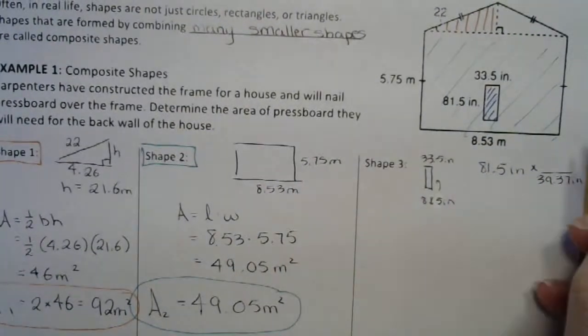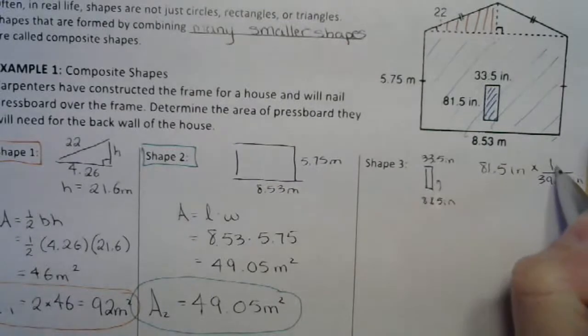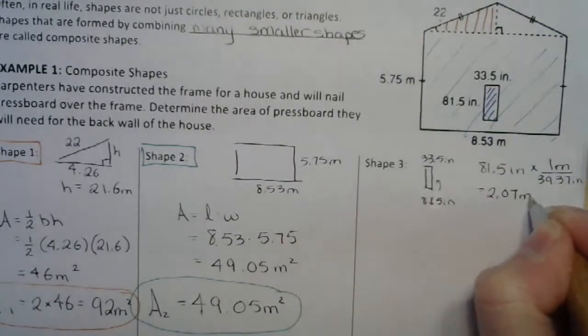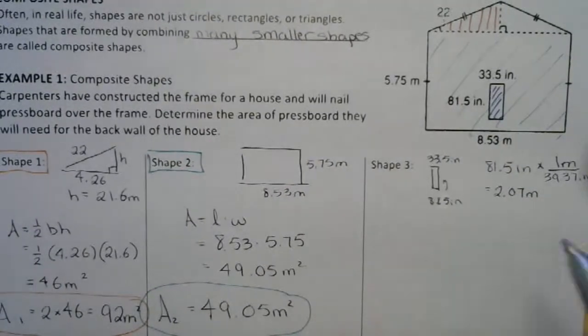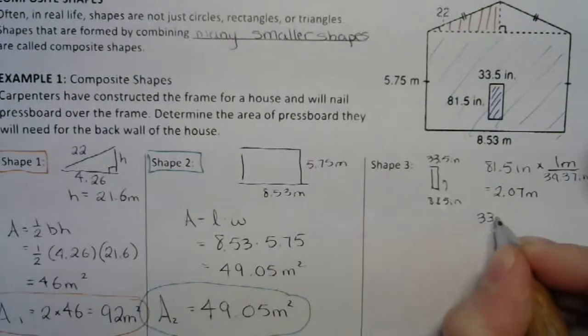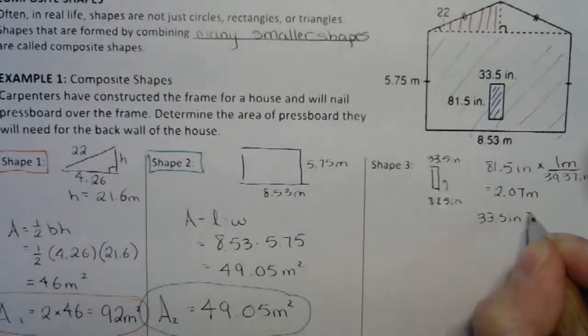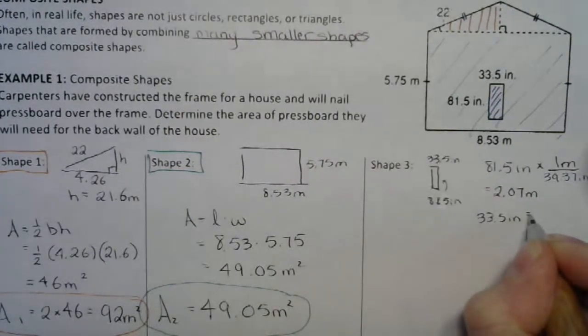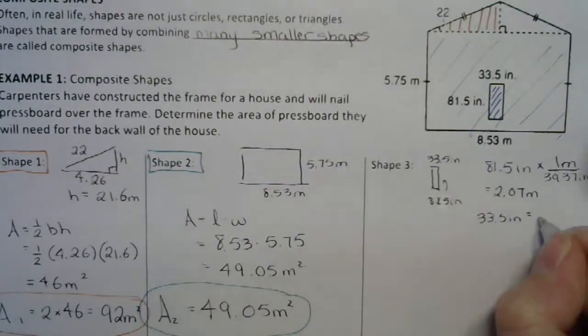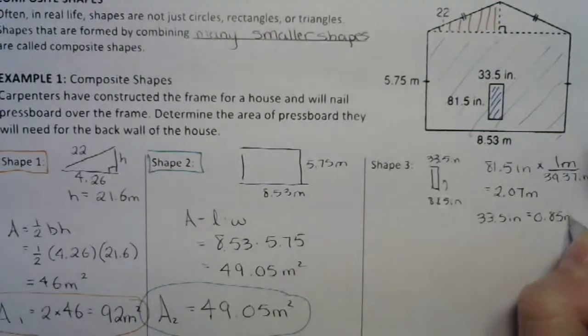So that's equal to 2.07 meters. Similarly, the 33.5 inches is equal to 0.85. Couldn't find it for a second.